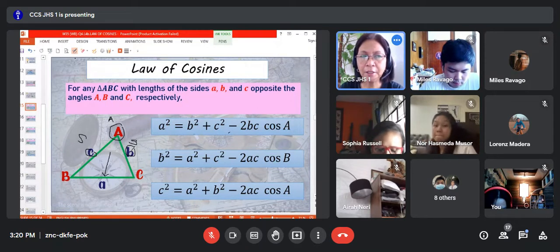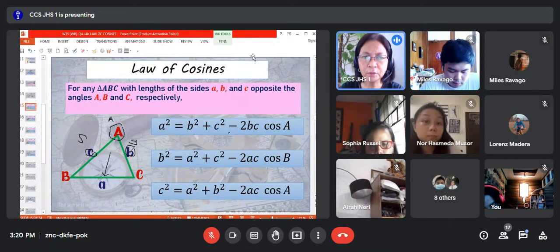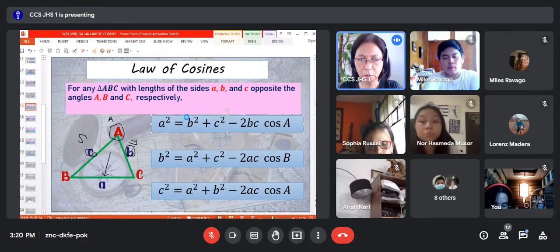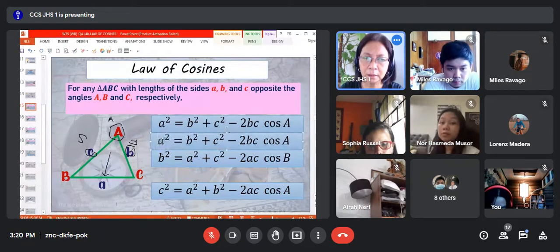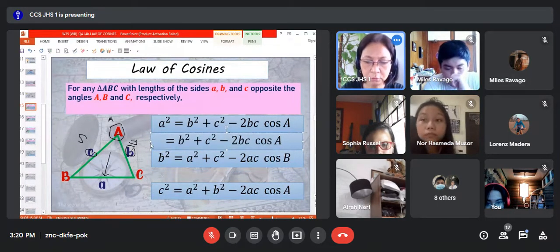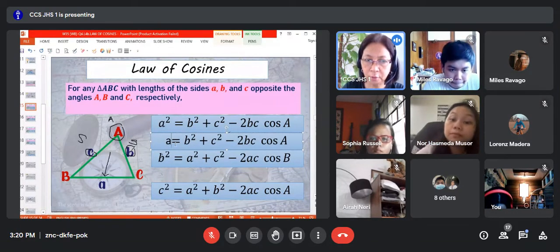This is a squared, class, so after solving the right side, you are going to extract the square root. Do not forget to extract the square root. So our a is equal to the square root of the terms on the right.